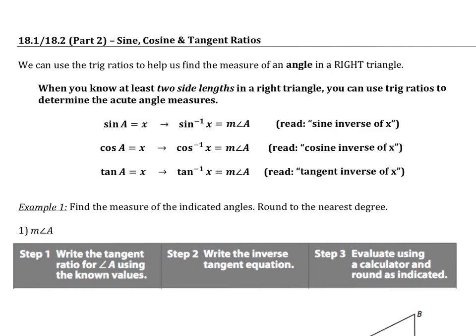So this is part 2 of 18.1 and 18.2. In part 1, we talked about the trig ratios, sine, cosine, and tangent, and how we can use those to help us find missing sides.